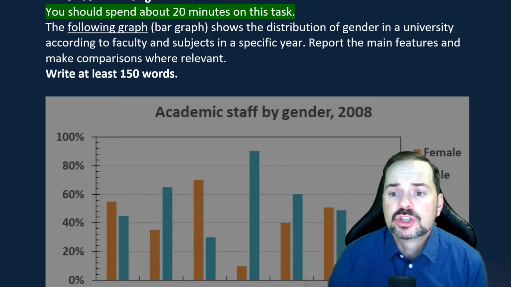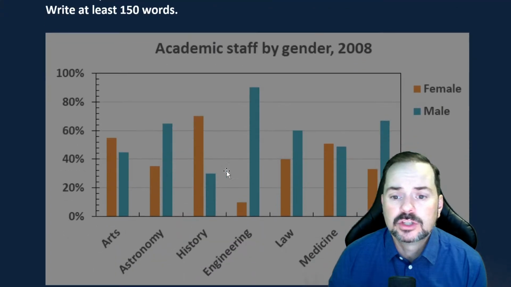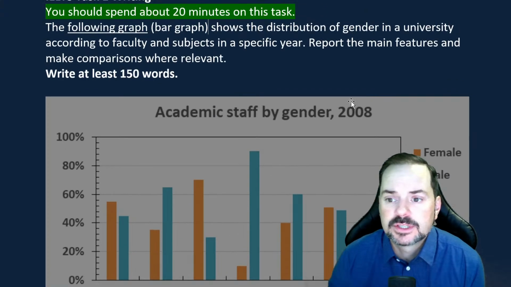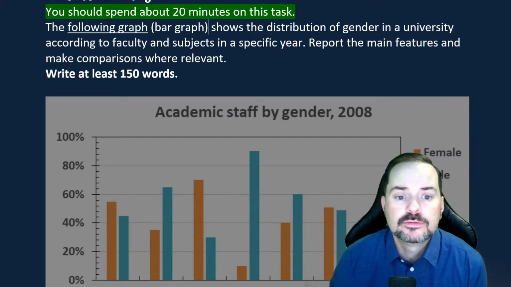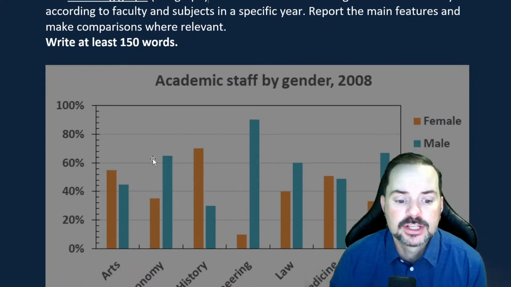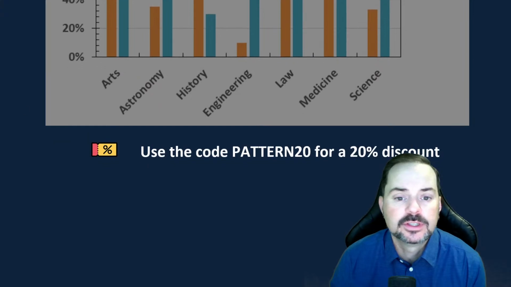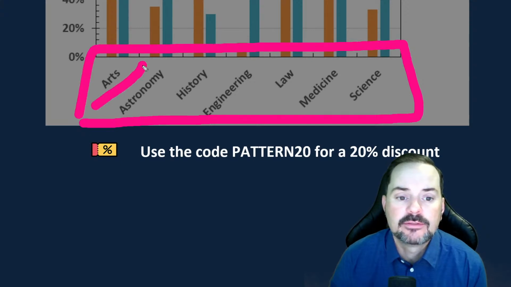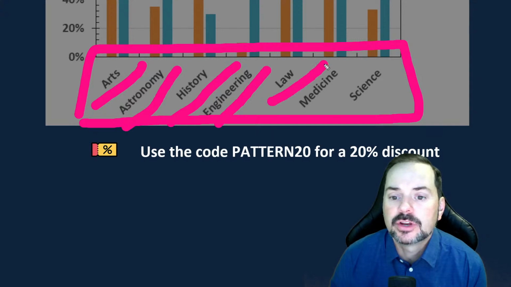Shows the distribution of gender in a university. Okay, do we know what university? No, it's just some university. It doesn't give us that information. According to faculty and subjects. Okay, so what's the faculty? What's the subjects? So I'm looking for that. And here I can see that we have arts, astronomy, history, engineering, law, medicine, and science.